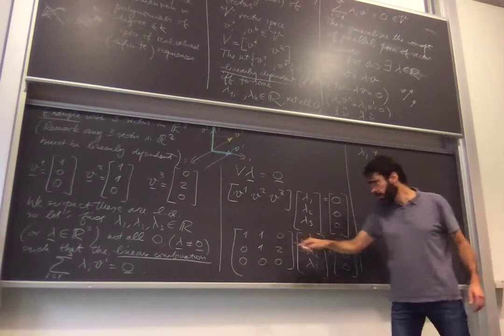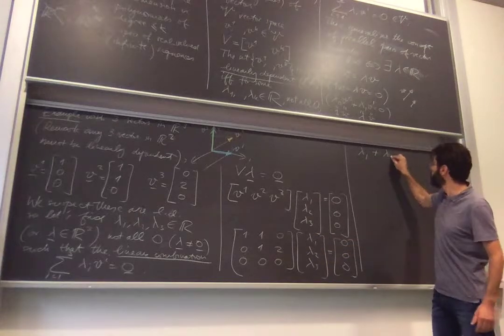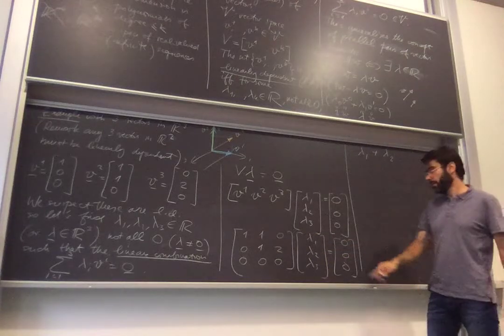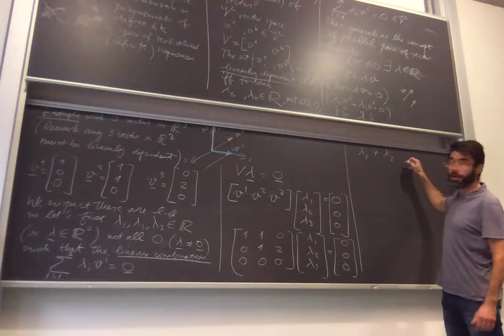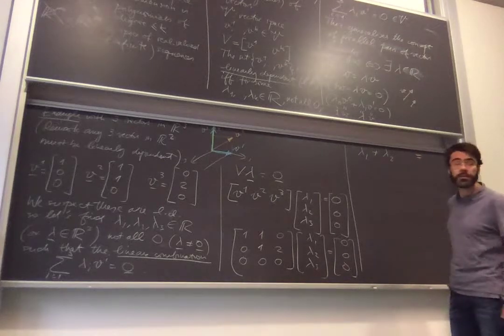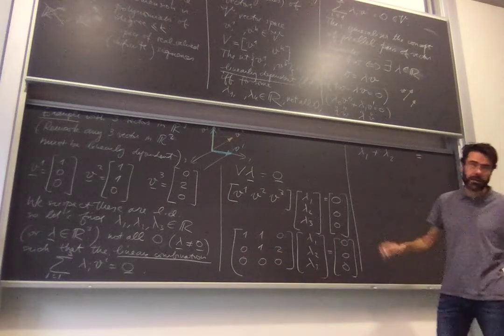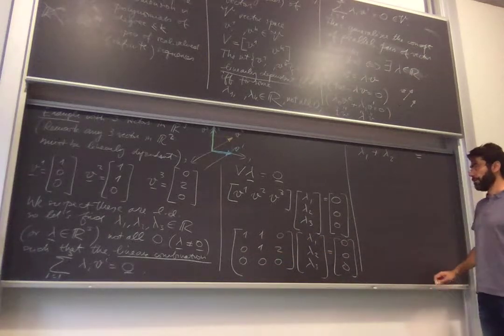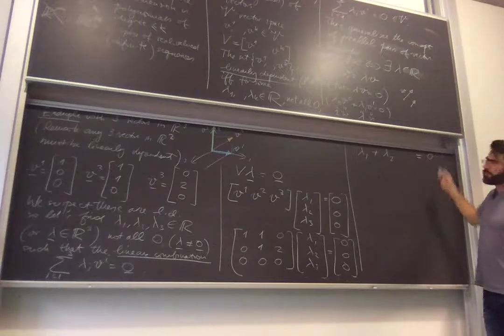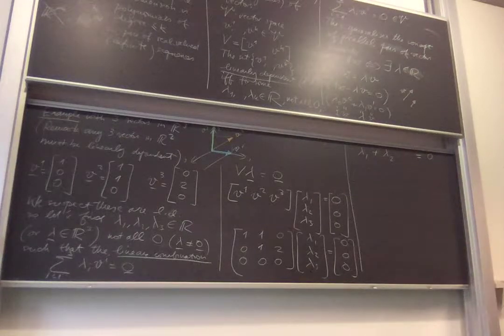Then you multiply 1 with lambda 2. Then you multiply 0 with lambda 3. I'm not going to write this. You don't write the zeros. Actually, in many cases, we don't even write the zeros in here. Here we have to write the 0, otherwise it will be really horrible.